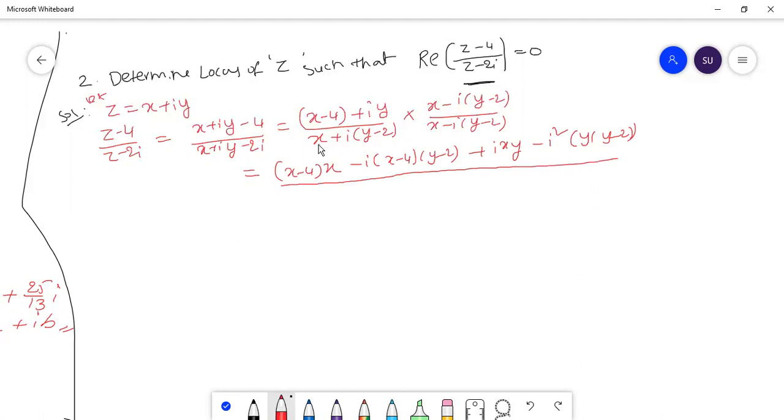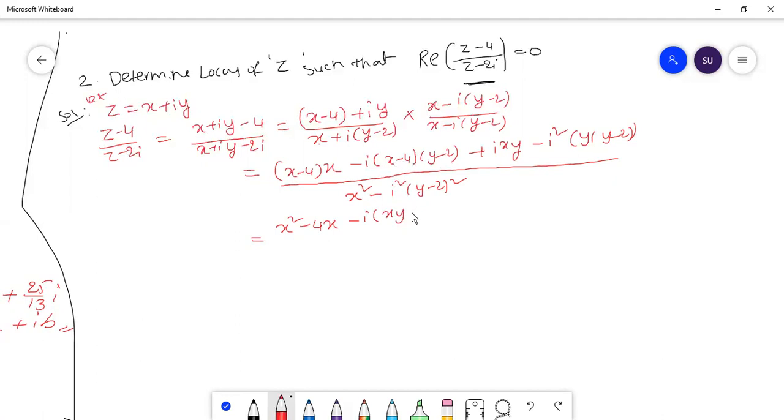Again, let us consider this is a, this is b. That means (a plus b) into (a minus b). As we know, a square minus b square, that is x square minus i square into (y minus 2) whole square. This whole thing is this value. Now multiply: x square minus 4x. Next minus i into x into y, xy.